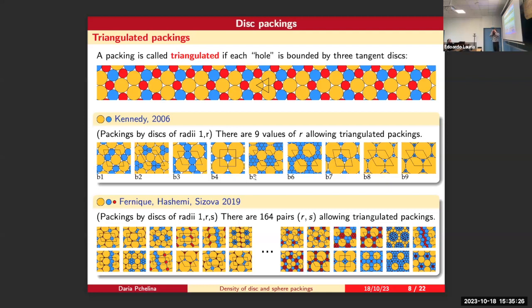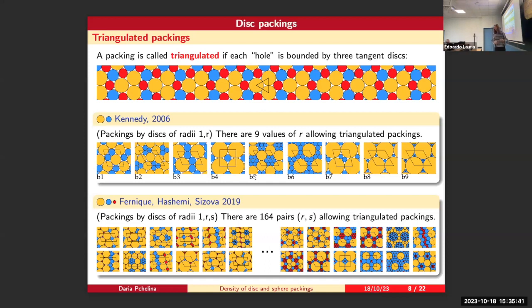Actually, it was proved not so long ago that if we fix the number of disks that we can use, there is always a finite number of disk radii allowing a triangulated packing.